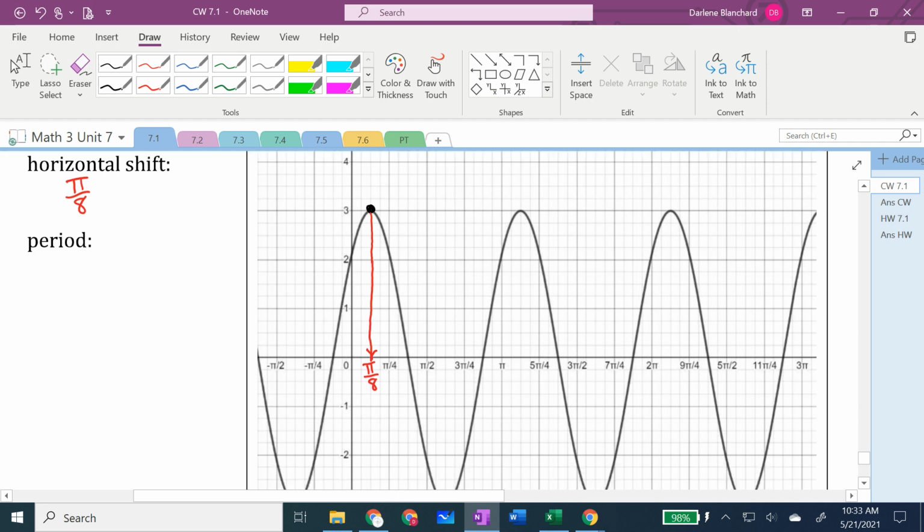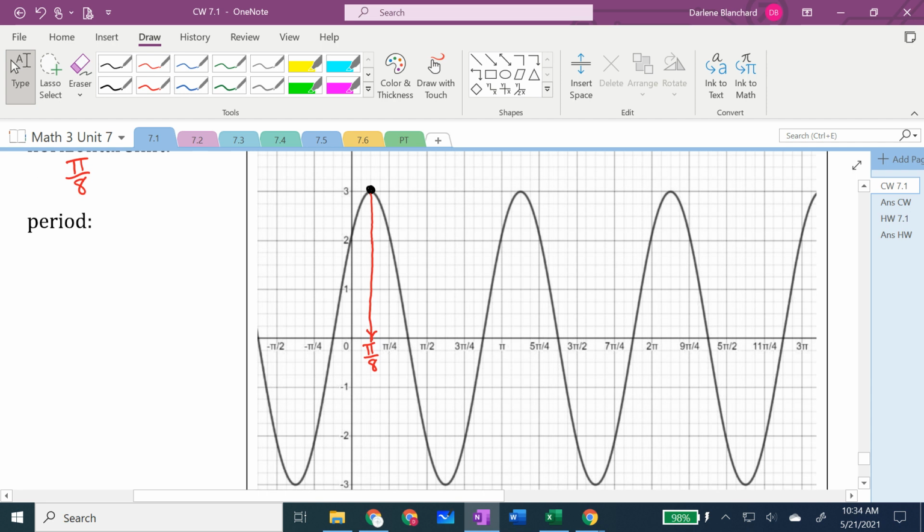Now, can you see that to go through the full cycle, we have to go down to the bottom and all the way back up to the top, and then one cycle is done and it repeats itself after that. I need to know the x coordinate where that cycle ends.